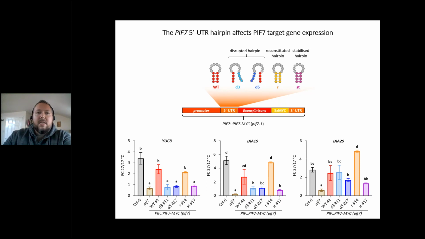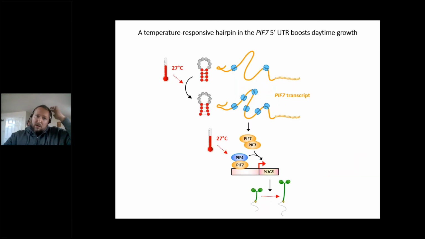Right, that essentially brings me to our model of how temperature controls PIF7 function. So we have shown that there is an RNA secondary structure, an RNA hairpin, formed in the PIF7 5' UTR. This hairpin is temperature sensitive and adopts a slightly more relaxed conformation at warm temperatures.